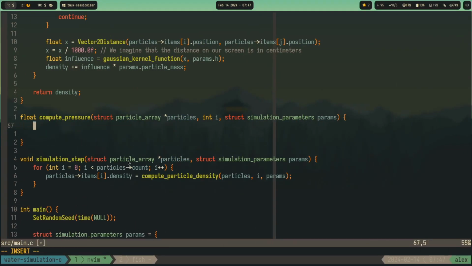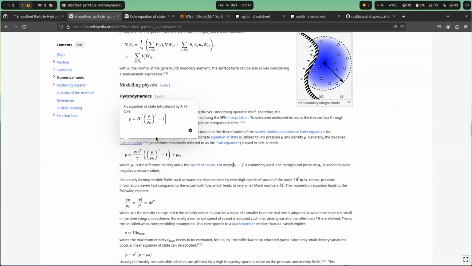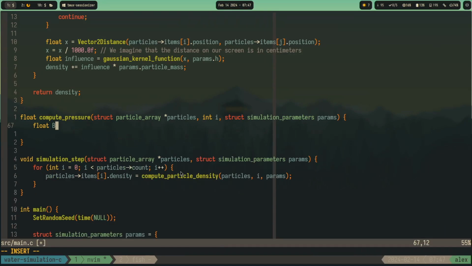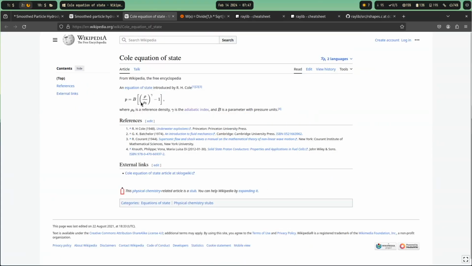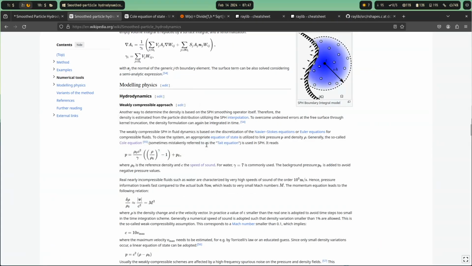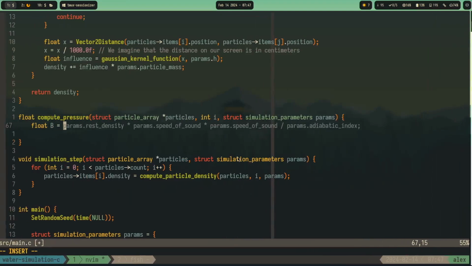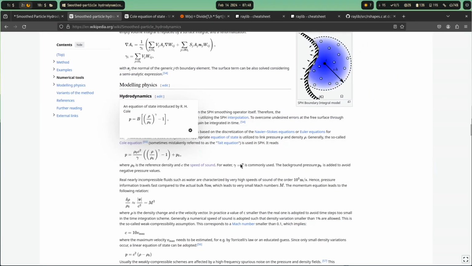So first thing, let's say we compute the B. Like if we open this, that's called B. So let's get the B thing. It should be rest density.